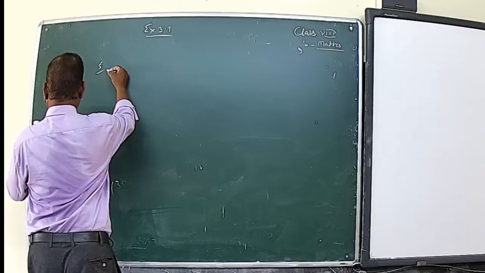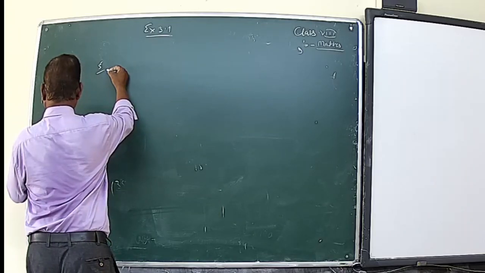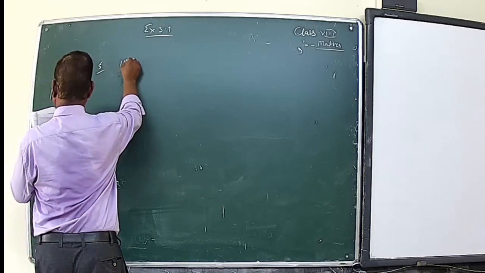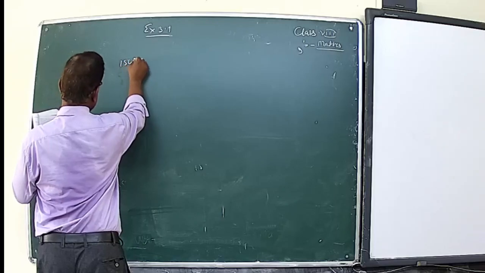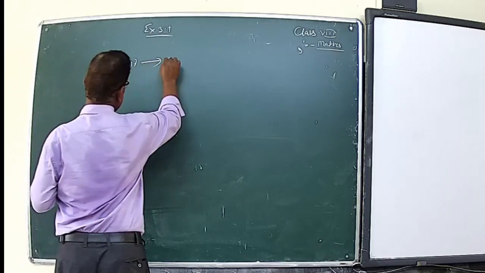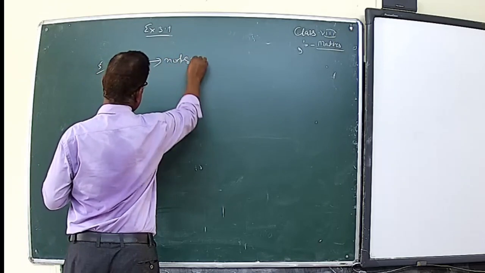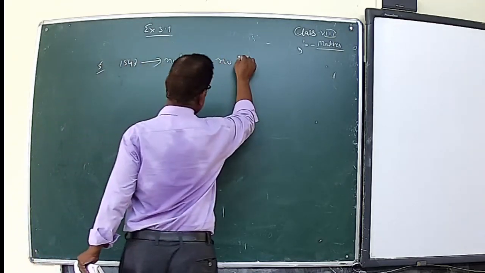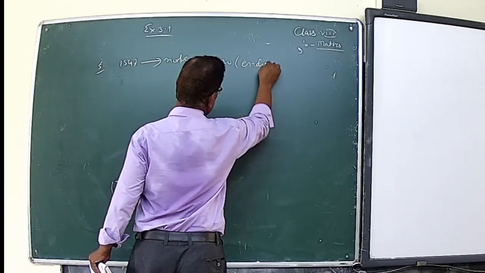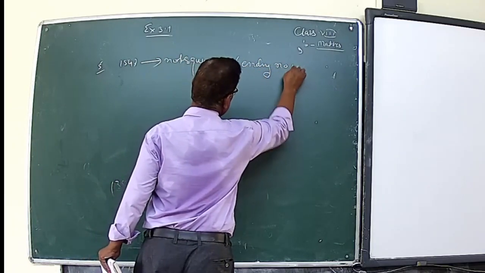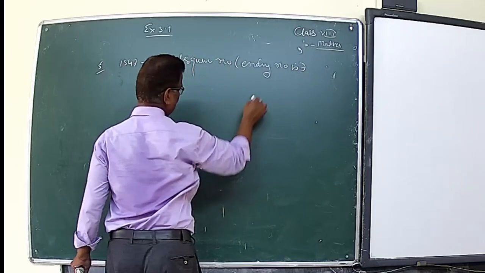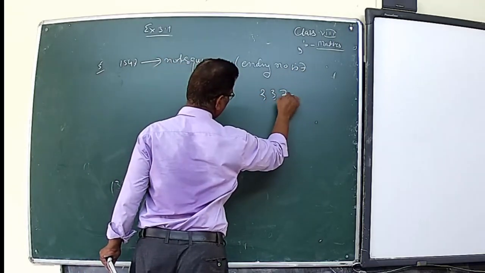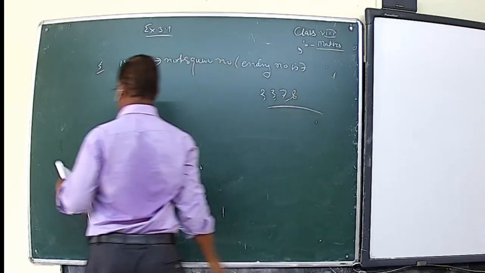The following numbers are not perfect squares; give the reason. 1547 is not a perfect square because the ending digit is 7. A number whose ending digit is 2, 3, 7, or 8 is never a perfect square.